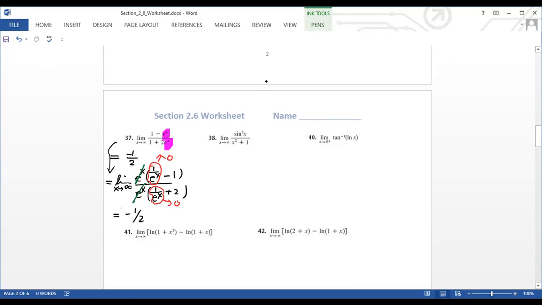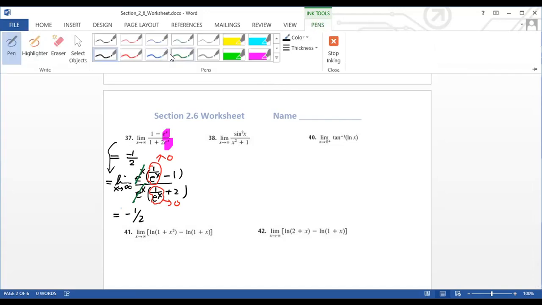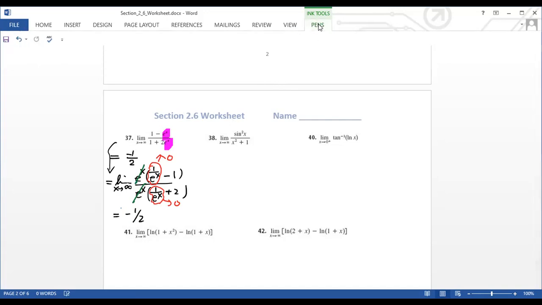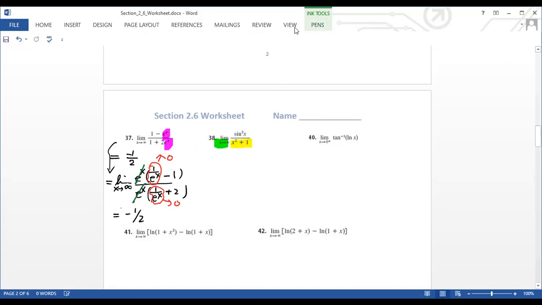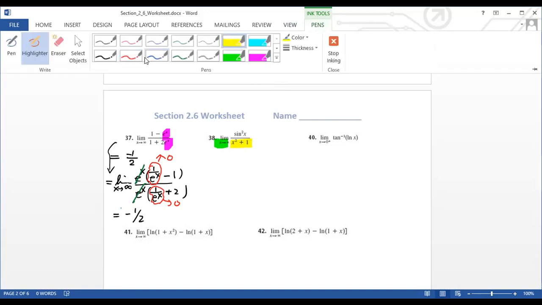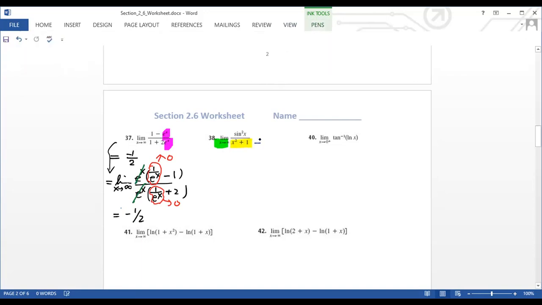Okay, so this is sine squared x. So we know x approaches infinity, so what happens here? Then I know my denominator approaches what? It approaches infinity, right? So it's infinity plus 1.